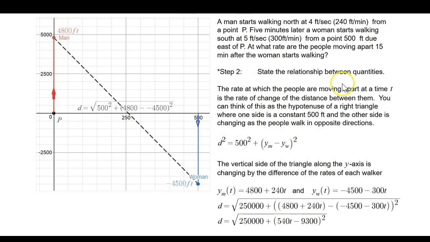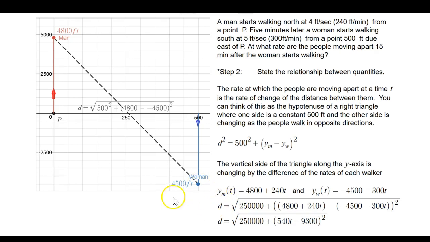So if we set the relationship between the quantities up, we want this distance, which is given by the distance formula. So the distance between these 2 points as they move in their paths is given by the distance formula. Since the y values are the only thing that's changing, and the distance between the points along the x-axis is a constant 500, we have this relation: 500 squared plus the difference between the man's y-coordinate on his path and the woman's y-coordinate on her path.